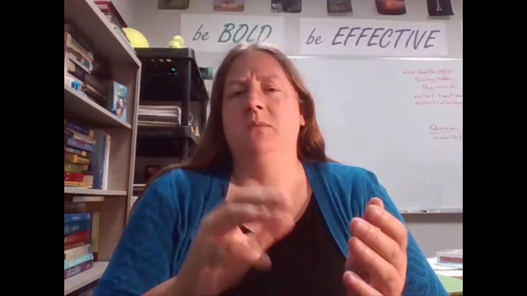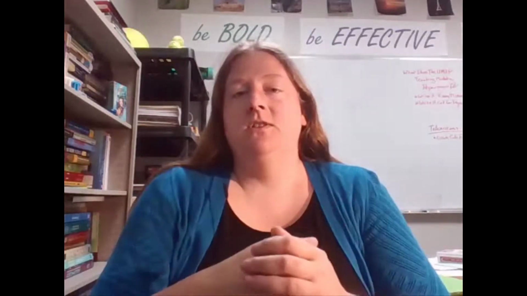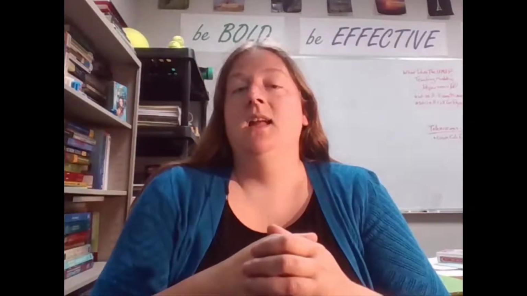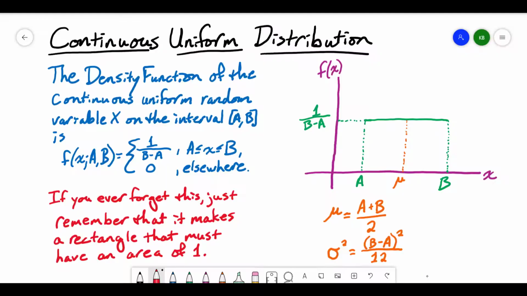Sometimes we talk about a bell curve. That's the normal distribution. So we're going to take a look at a couple of characteristics of these two distributions today, and we'll be working more with them in the future.